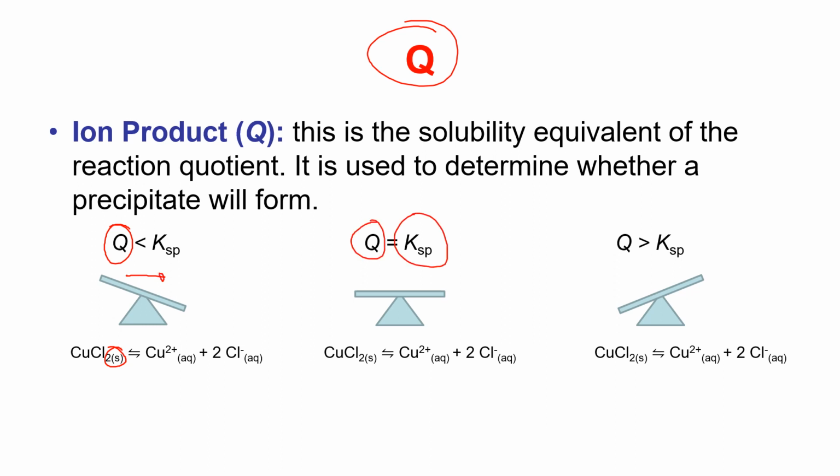If the Q and the K are the same, that means you're at equilibrium and you're going to get equal movement in both directions. And if Q is larger than K, that means it's going to shift this way, and this is where you have your solid, so that means you're going to get a precipitate. So it's like a quick way to tell whether something's going to precipitate or not.